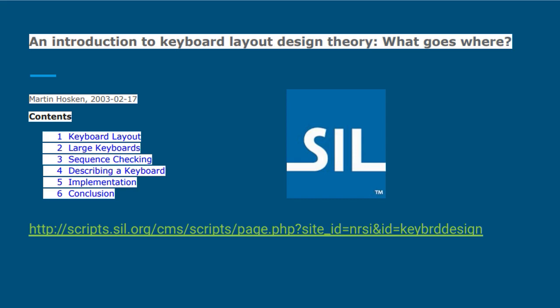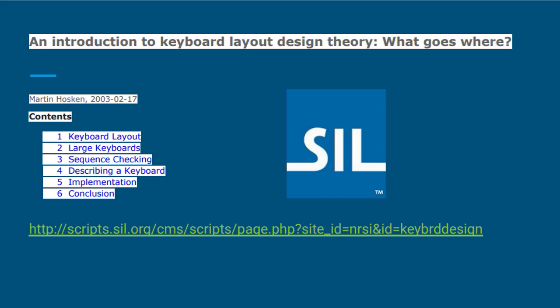And he has quite a nice document about keyboard layout, and especially he talks about large character sets for large keyboards. He talks about how you check the sequence of characters because the order in which you type them may matter, and actually talks about many of the implementation details, particularly of keyboard or input methods as of 20 years ago.